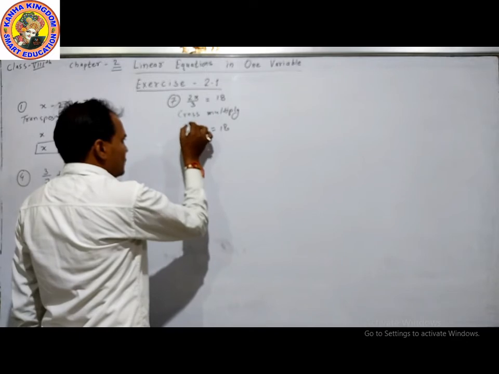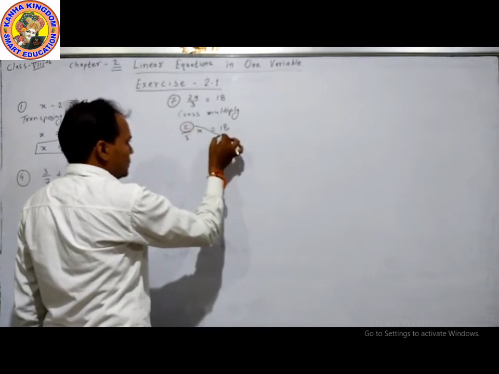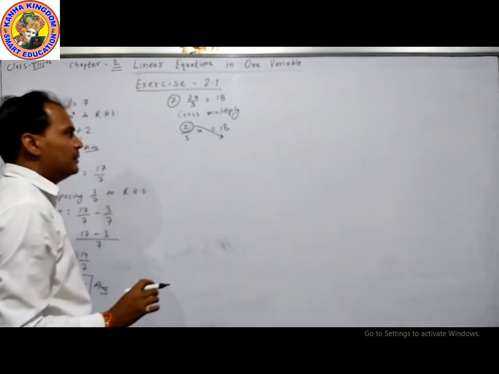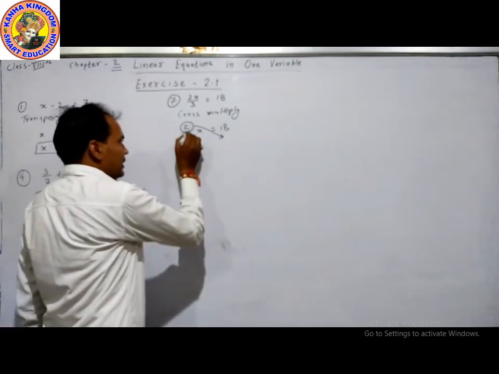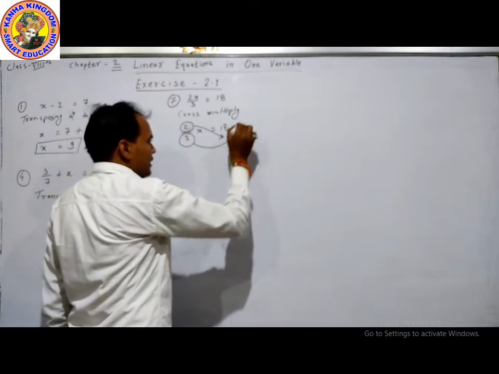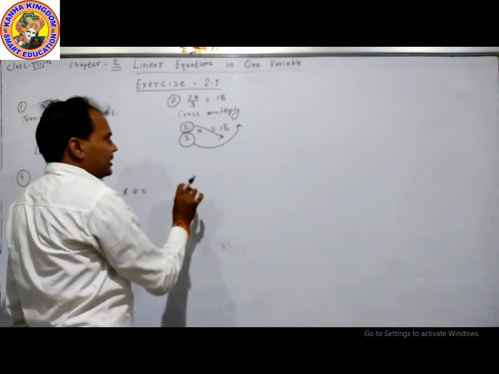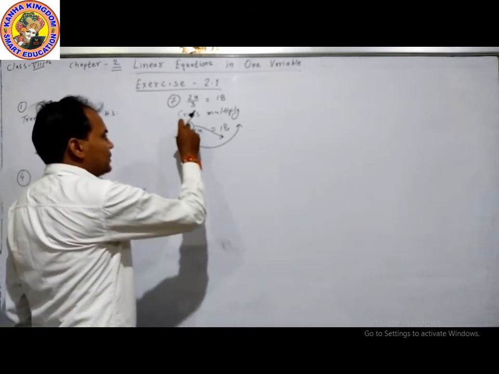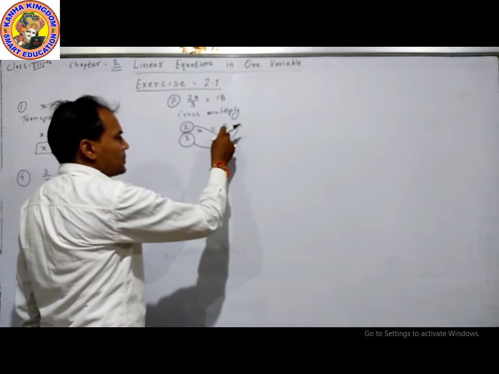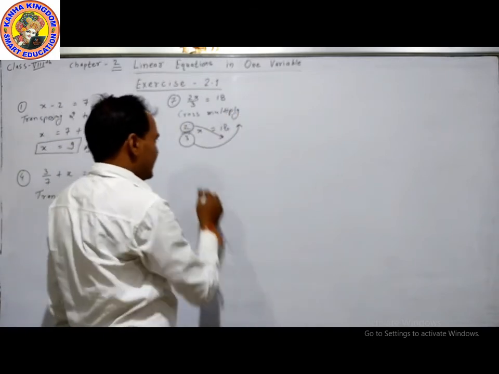In this term, 2 is the numerator part. When moved to the right hand side, it will be the denominator part. The denominator part, when moved to the right hand side, will be the numerator part. In other words, the multiply term goes to the divide term and the divide term goes to the multiply term.